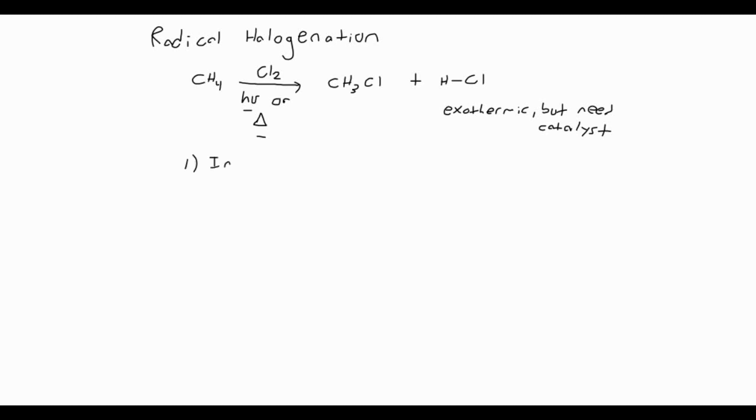First step is initiation. So again, starting up the reaction. And that's going to be where we start with our Cl2 molecule. And either our ultraviolet light or the heat is going to break this bond homolytically. So remember from my previous video, homolytic cleavage is going to break it into 2 radicals.